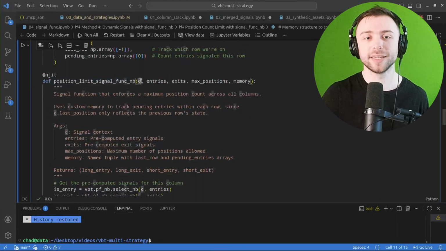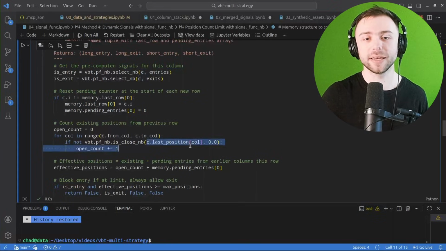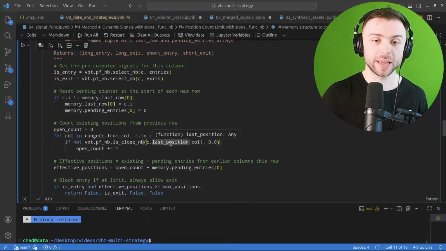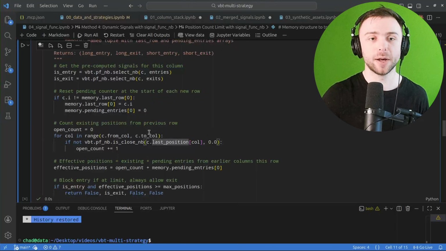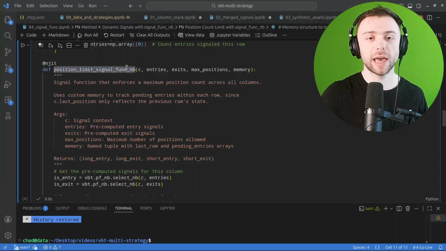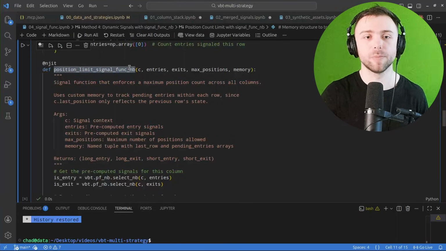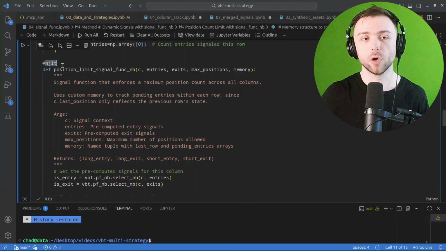From this c, which is managed by the VectorBT Pro backend, I can pull out things like what positions I currently have or what positions I had in the last bar, how much money is available, etc. And this function will get called on every single cell. So every timestamp, every asset, this function will get called. So you want it to be efficient, hence why they're normally written with Numba.